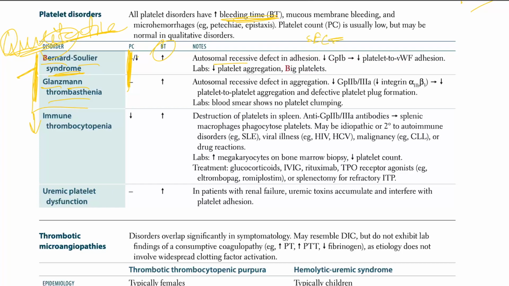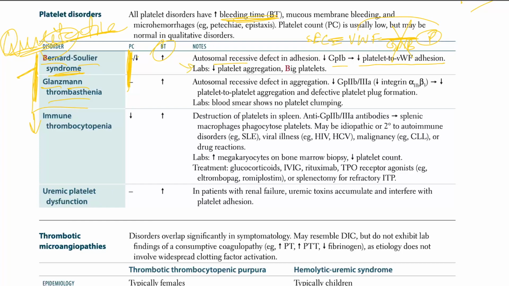Subendothelial collagen binds with von Willebrand factor, and that von Willebrand factor binds to platelet via GP1B. Right? So if you don't have this, you have no platelet to von Willebrand factor adhesion.